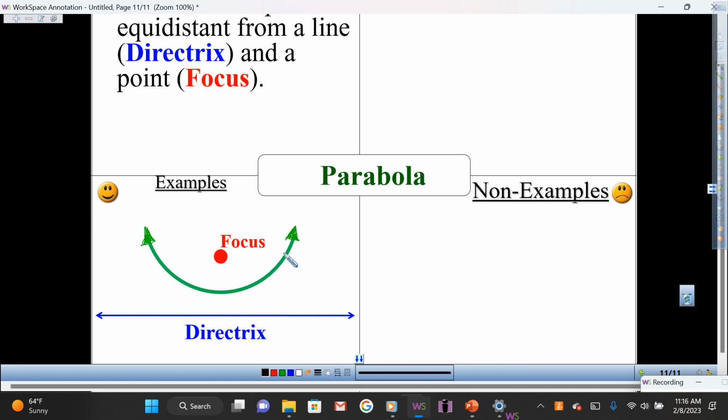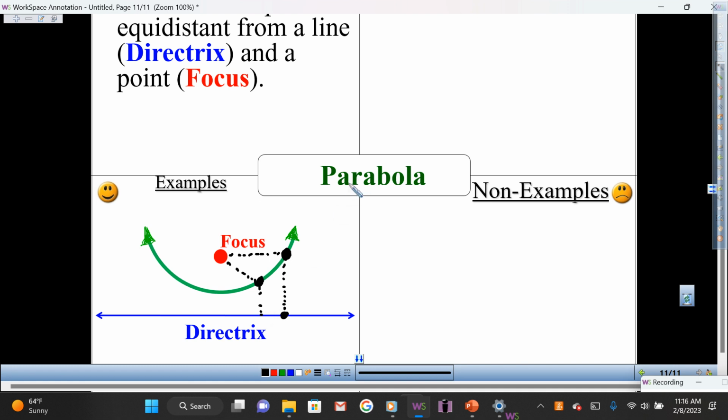If I place a point right there, this distance is going to look equal to that distance. Do you see that it looks like a little square? Why? Because according to the definition, it's equidistant. It's a bunch of points that are equidistant from the directrix, and that's what makes our parabola. Same thing if I place one right here, and so on and so forth. All those are equidistant.